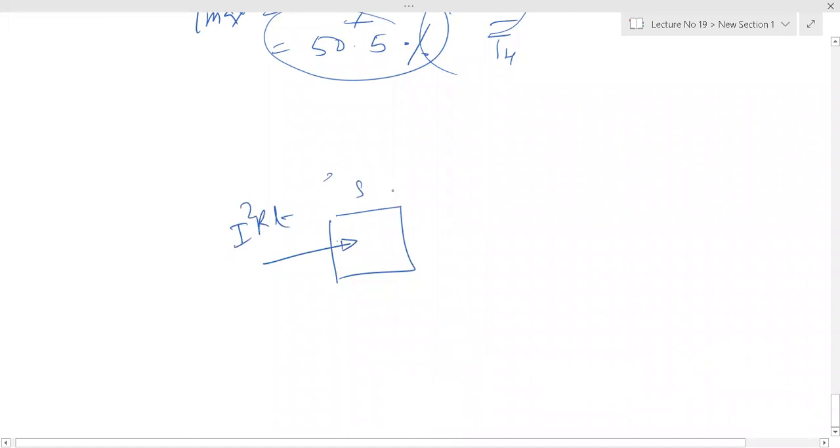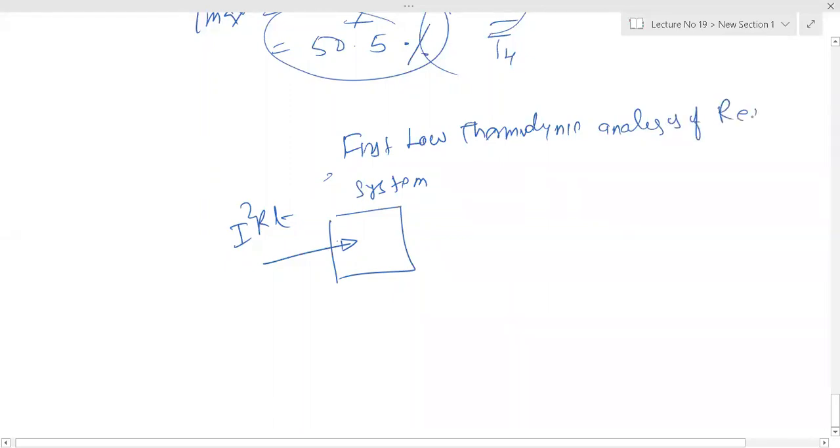This is the system. First law of thermodynamics, first law thermodynamic analysis of resistance spot welding. Q is equal to dU plus W, right?